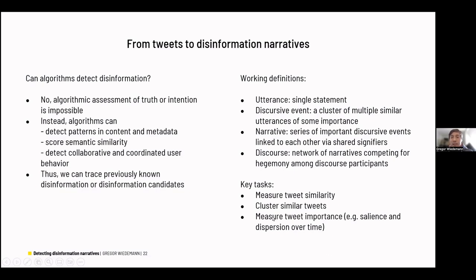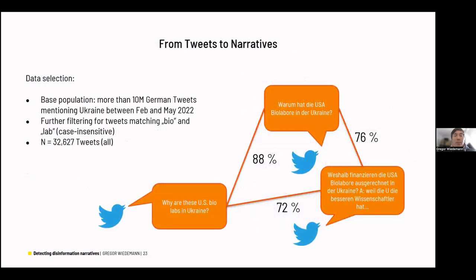So to translate these working definitions into computational linguistic tasks, we want to actually measure tweet similarity, then cluster similar tweets, and get importance measures, for instance, for salience or dispersion over time of tweets. So based on our very large data collection of the Ukraine data set, we subselect the German tweets, which are 10 million tweets, and there we can also subselect only tweets which contain the term bio and the term lab in a case-insensitive manner.